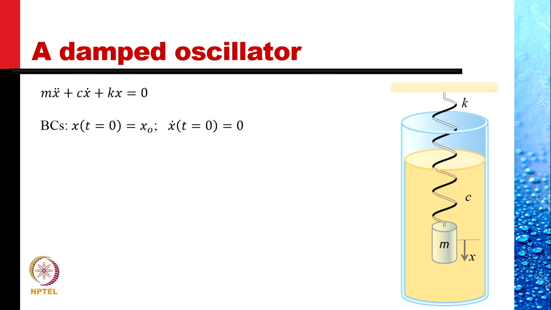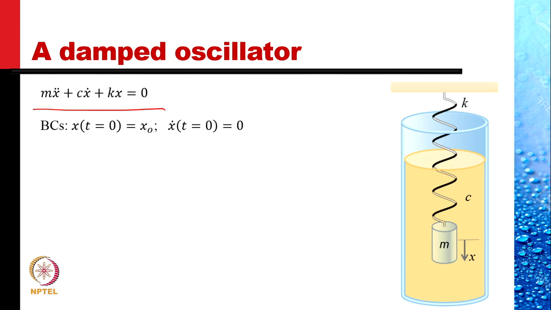The equation for a damped oscillator is this. The first term represents the inertial terms, mass times acceleration. The second is the damping term, the damping coefficient C times the velocity is the damping force, and Kx is the spring force.